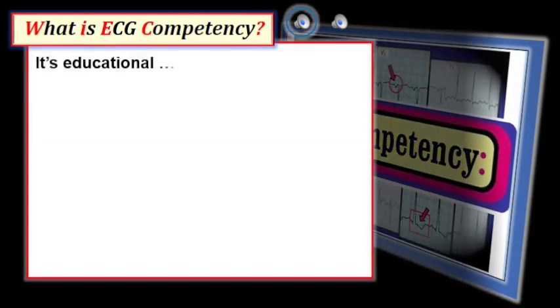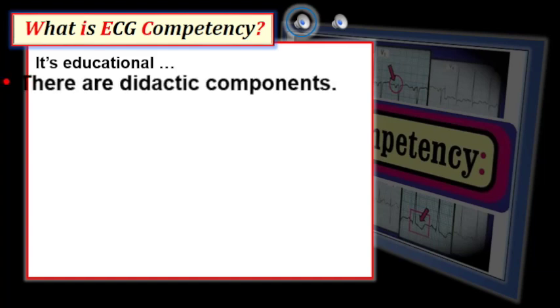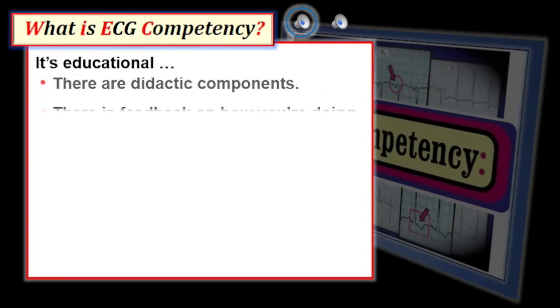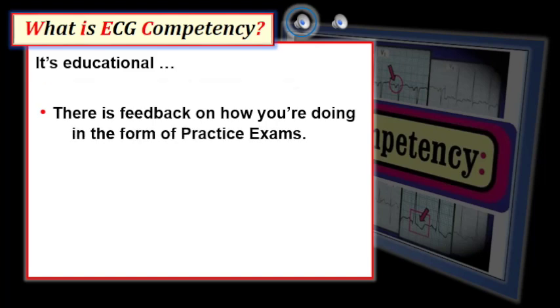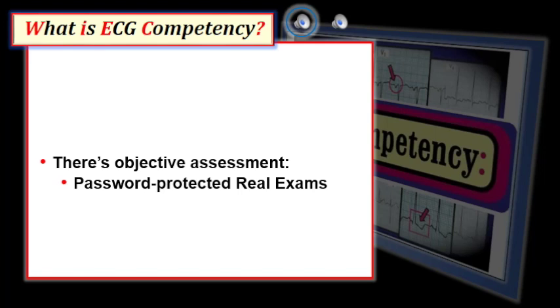What then is ECG competency? It's part of a comprehensive educational program on ECG interpretation aimed for primary care providers. There are didactic components to improve your skill, there is feedback on how you are doing, and there is objective assessment in the form of real exams when you're ready to take them that are password protected and which provide a numerical score.